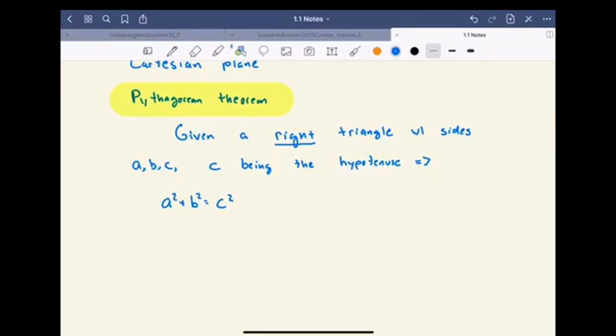Okay, so there's our triangle with a right angle there. I don't like that right angle yet, so let me, a little better.